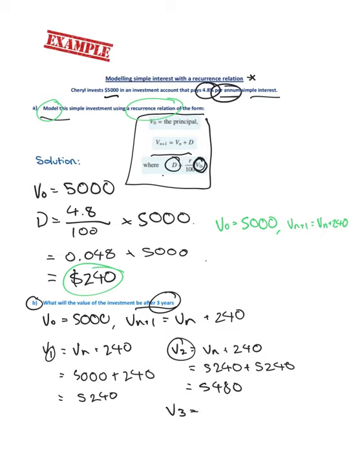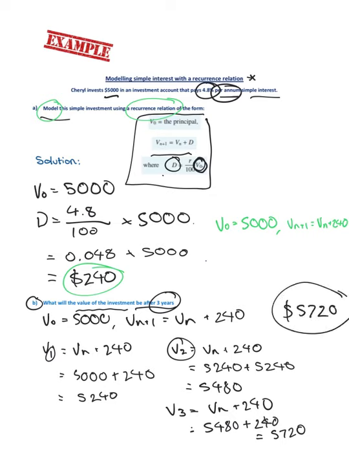V3 is going to be our current term plus 240, so 5,480 plus 240, and that gives us 5,720. So the value of the investment after 3 years will be $5,720. Remember, the easier way to model that is using your calculator. Enter the initial amount and apply the rule, press enter 3 times.